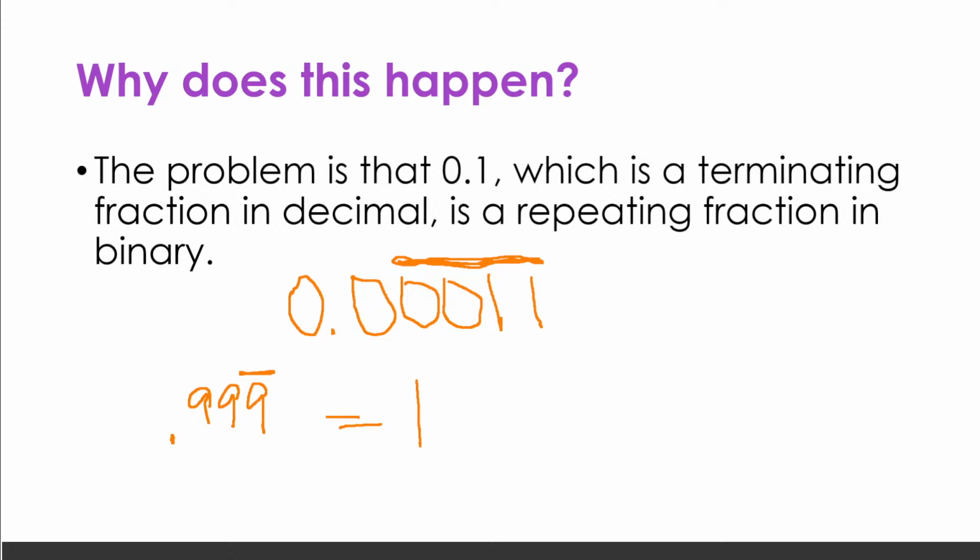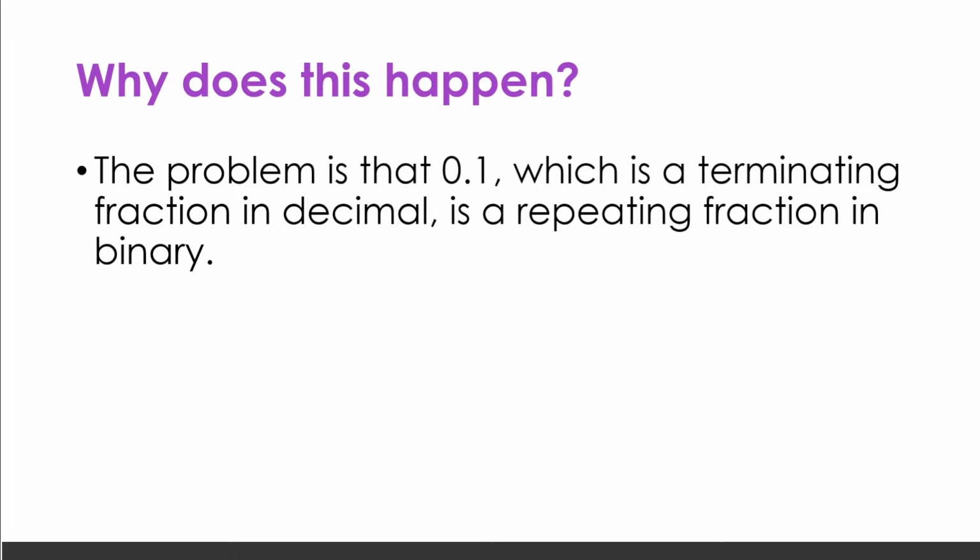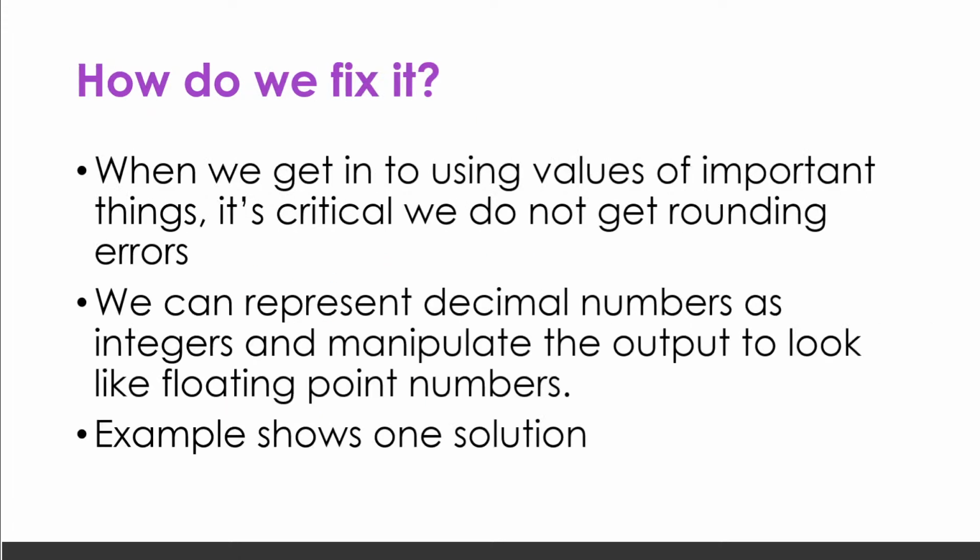So there are some things that we can do to kind of fix it, right? There are some libraries that we can use to fix it. And then we can also use ways of representing decimal numbers as integers, and then manipulating the output to look like floating point numbers.